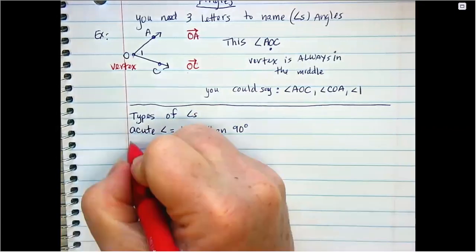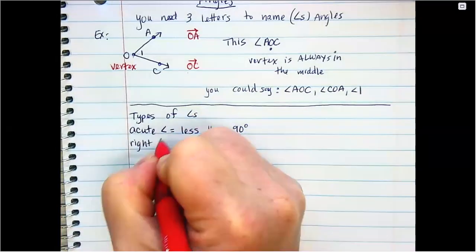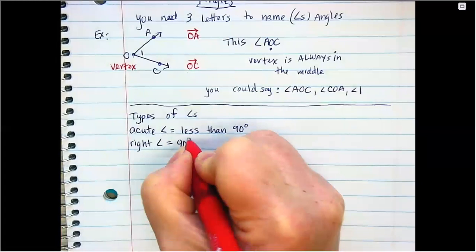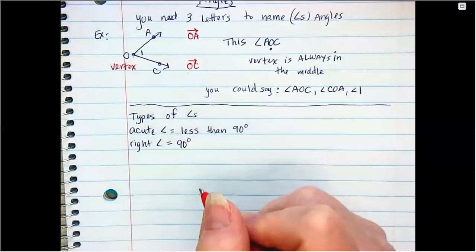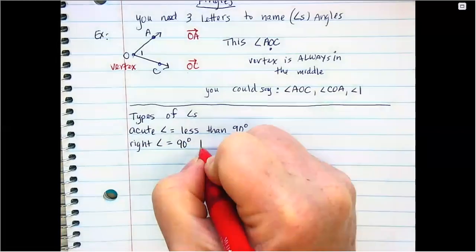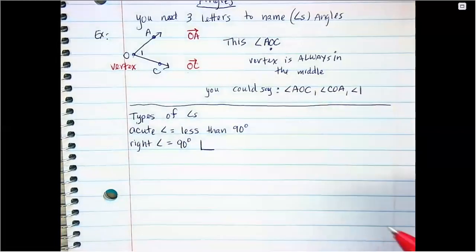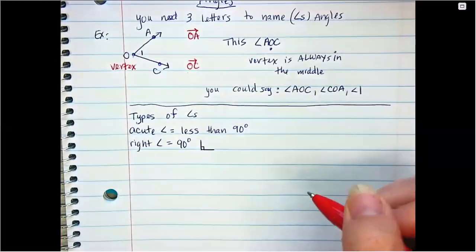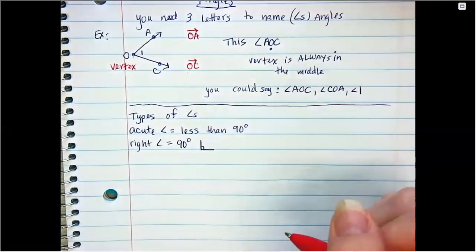We have a right angle that would be exactly equal to 90 degrees. And if you remember, or not, we have a symbol for 90 degrees, and it's an L with a little box in the corner. That's also going to imply that it's perpendicular, and we're going to get to that in a little bit.